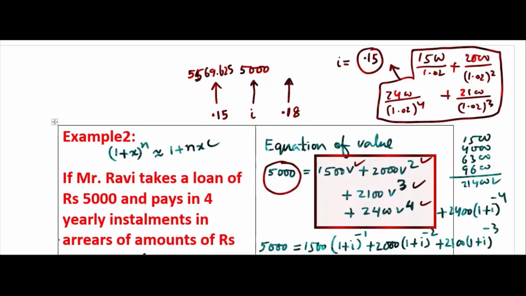Or maybe 16%, 17% you can try. Sir, it's 5223.573 for 18%. Okay, 18%. So you find it at 20%.